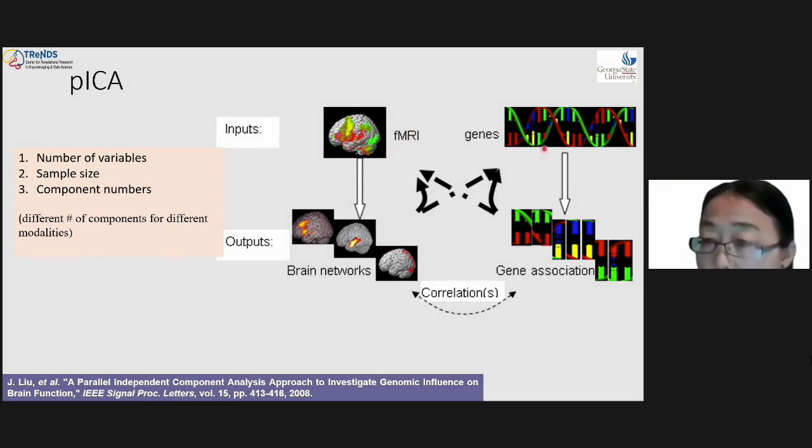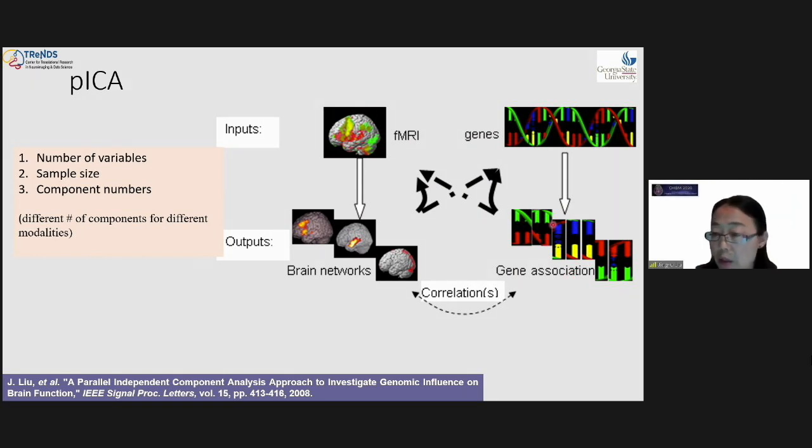For SNP data, it is slightly different, because each genetic component carries a smaller variance. From the largest component to the smallest, the variance changes continuously, with no clear turning point. So we use stability-based methods to estimate the components. We have already built these tools into the toolbox. After you estimate the component number, you can apply parallel ICA to your dataset.